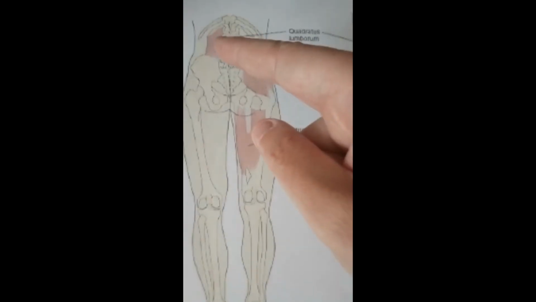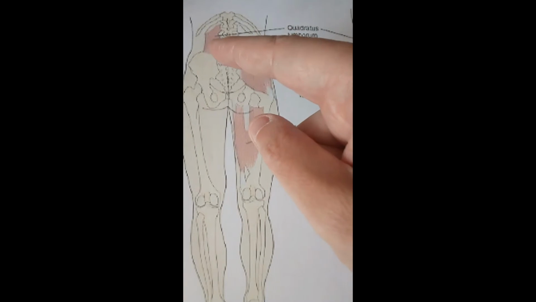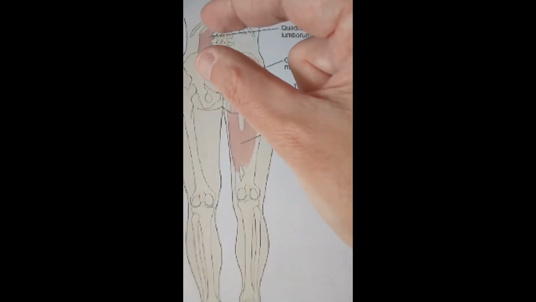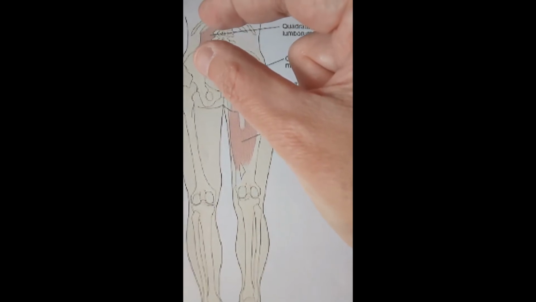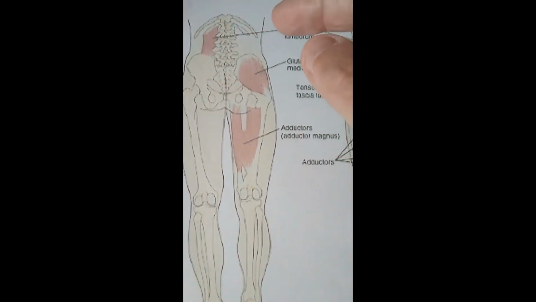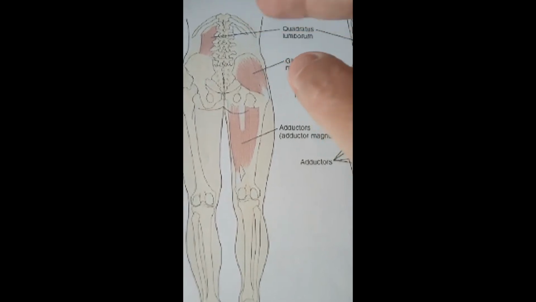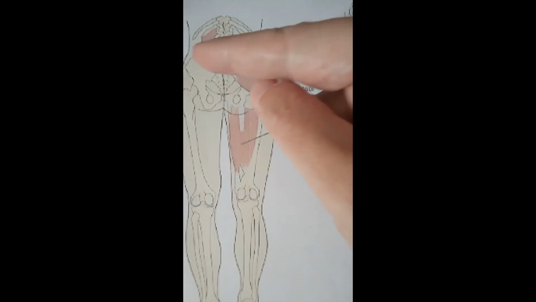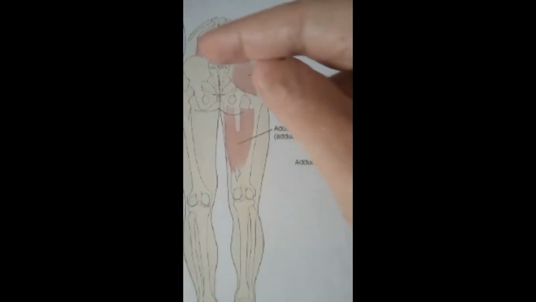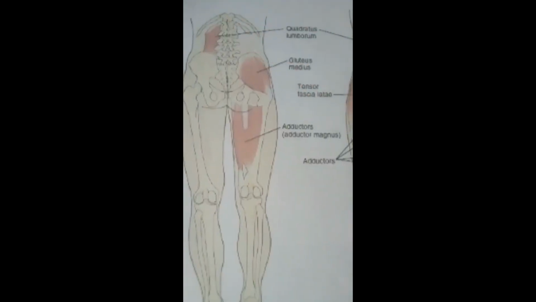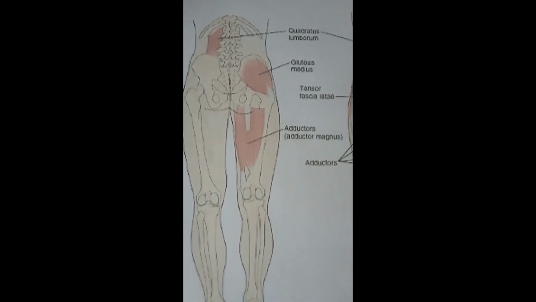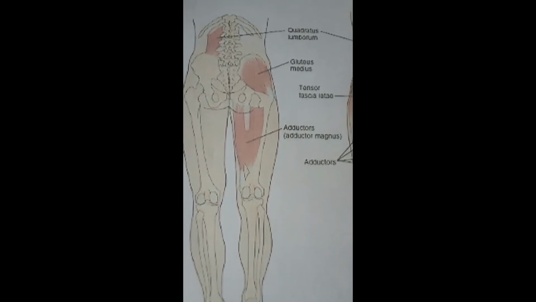If the QL muscle on this side tightens, it's going to narrow that space between the top of the pelvis and the ribs, which means that the line across the top of the pelvis will become uneven. It will cause hip hike, which we're going to talk about.